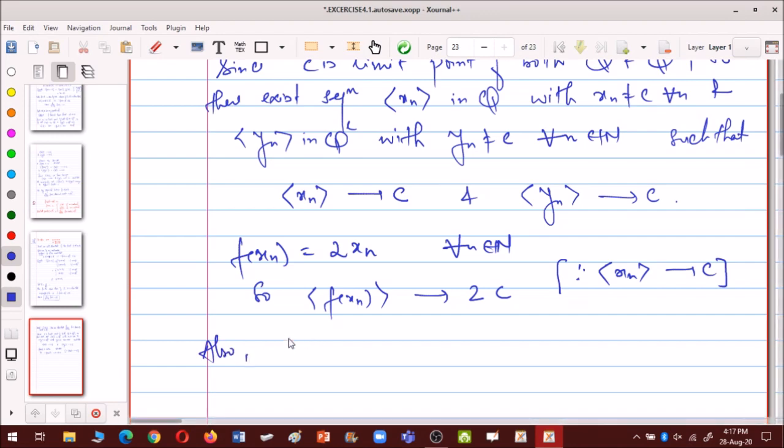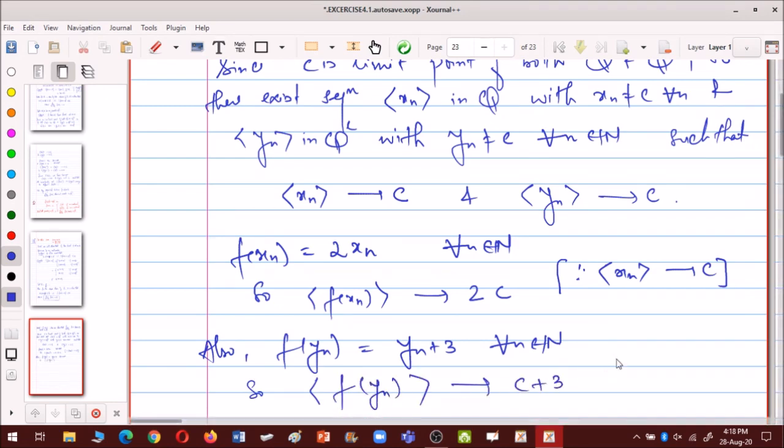Also, f of yn is equal to yn plus 3 for all n belonging to N. So f of yn converges to c plus 3, since yn converges to c.